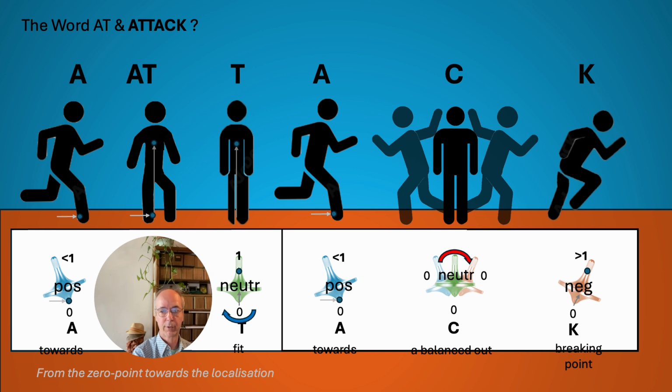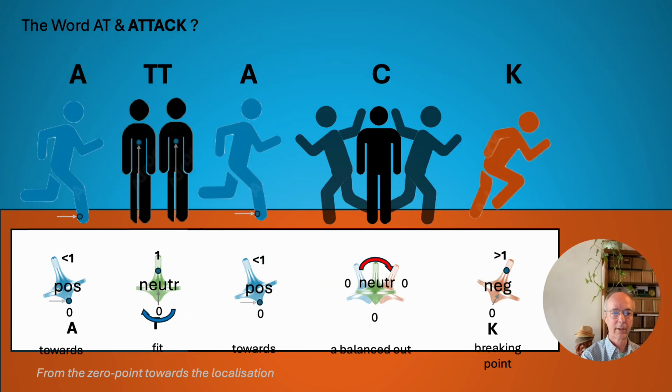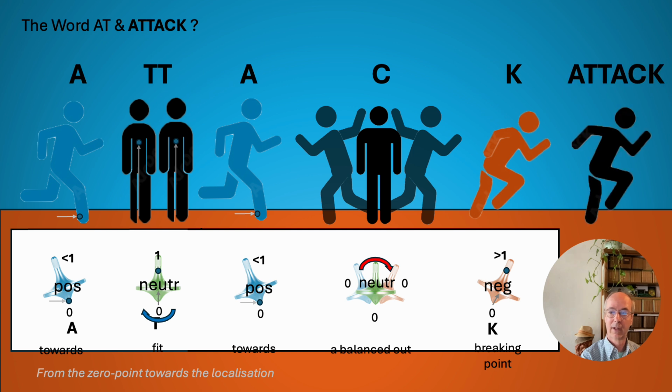Let's now put them more together so that I can see what it is. So going towards it in blue and going towards the negative breaking point with the red. Together it will create a form which is, of course, the balance between going towards it and breaking it, but really knowing from where I will have a good balance to really go from there to make the attack at that point.